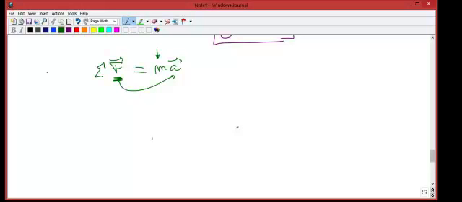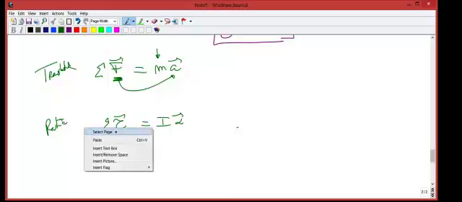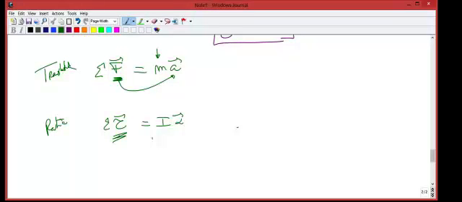Now, that's for translation. Now for rotation, same concept. We just take the cross product of Newton's second law and we end up with sum of the torque is equal to I alpha, which means that for a given torque, a torque will create an angular acceleration. And instead of dealing with inertia m, or mass, now we're dealing with the moment of inertia I, which depends not only on the mass, but how the mass is distributed.